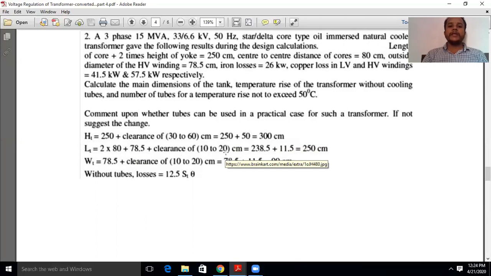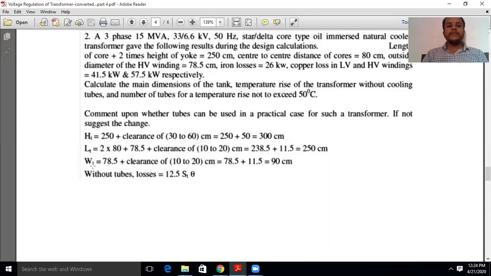This is already the formula which has been discussed in the design of transformer tank. So 2 into 80 plus 78.5, outside diameter of the HV winding, plus clearance 10 to 20 centimeter. So it is 238.5 plus 11.5, equal to 250 centimeter.